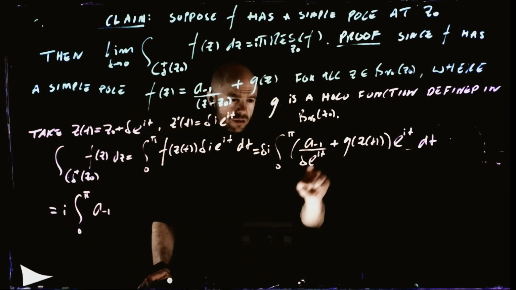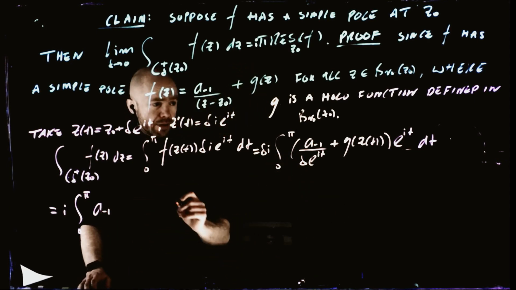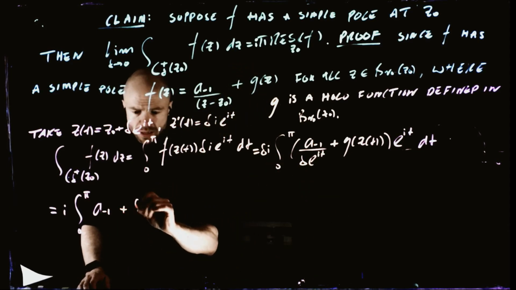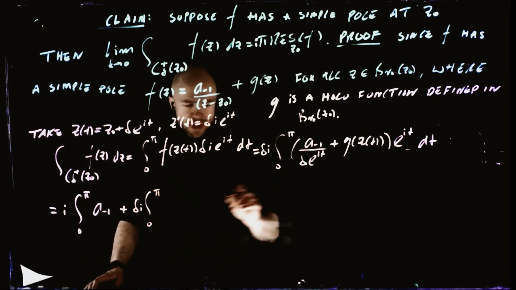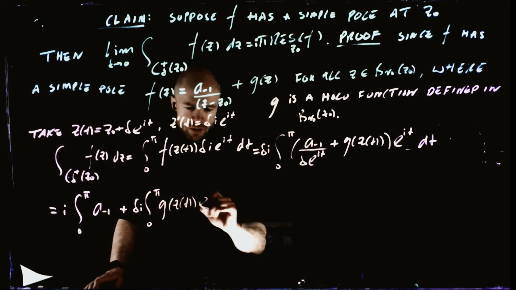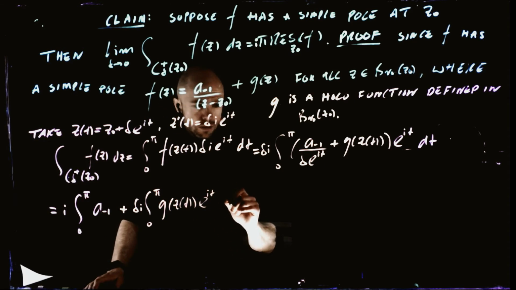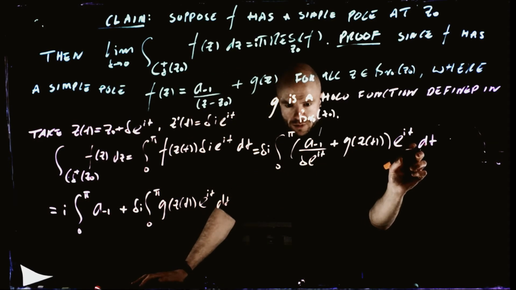So this cancels with this cancels with this, so that's all we have for this part. And then the second part, we're going to have plus i integral 0 to pi of g of z of t e to the it dt. That's this, and then what is left. Yeah?